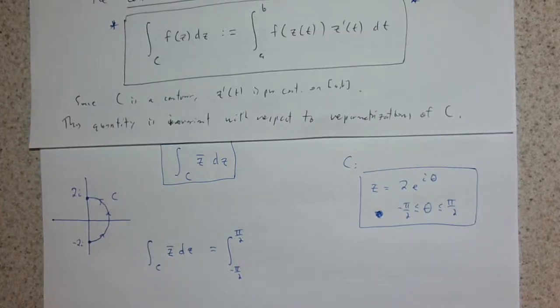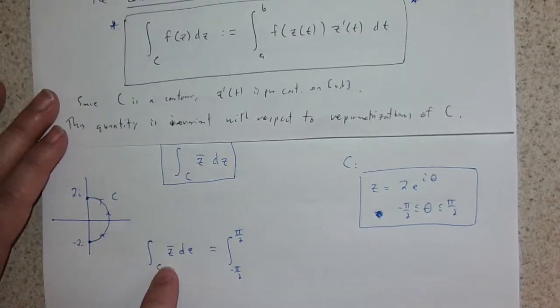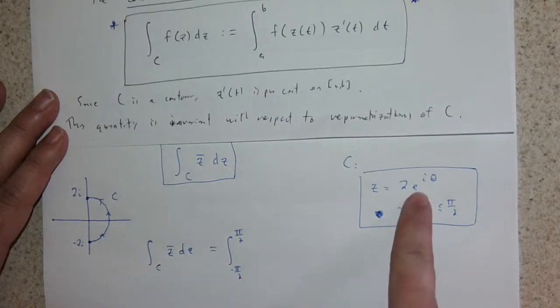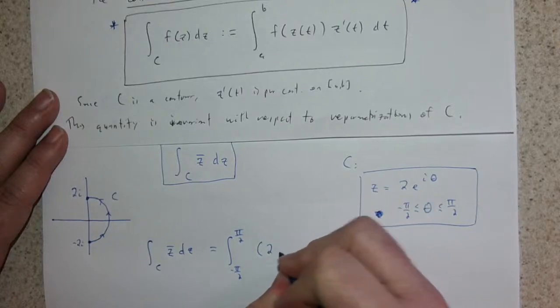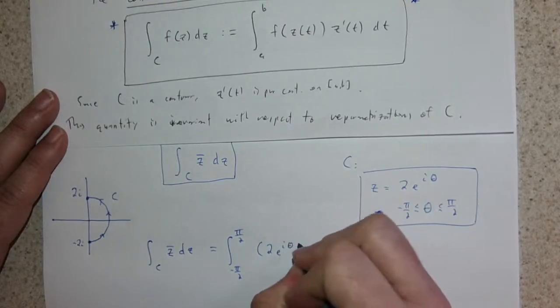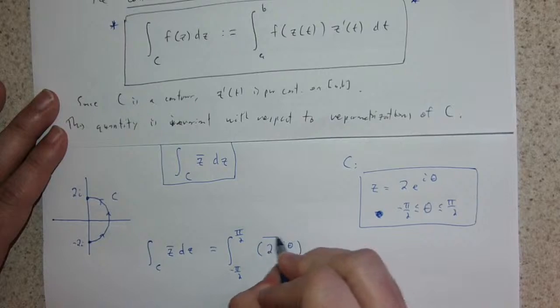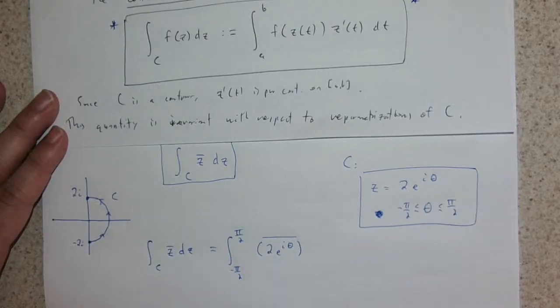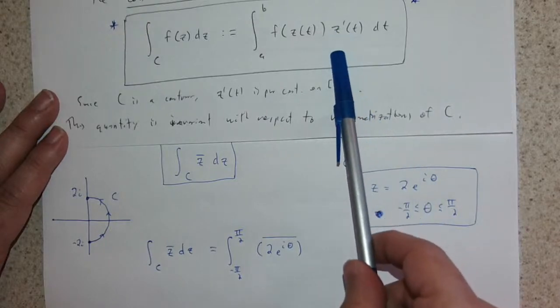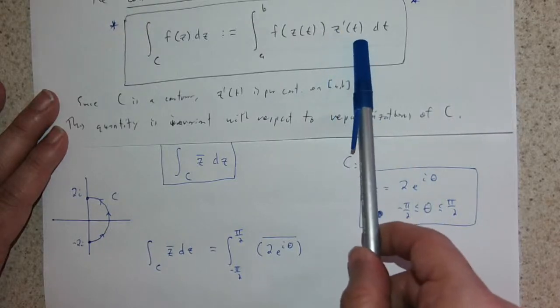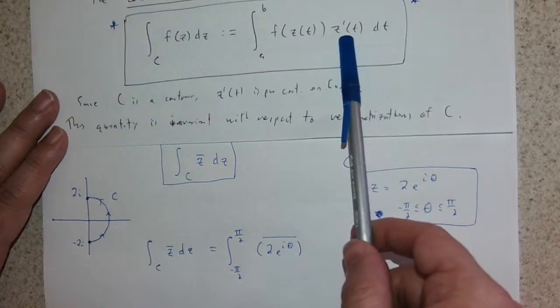It's good to go. So it is f of z, which is z bar, with the parameterization plugged in. So it is 2e to the i theta, and I am taking the complex conjugate of that, times the derivative of z with respect to the parameter you've written it as.